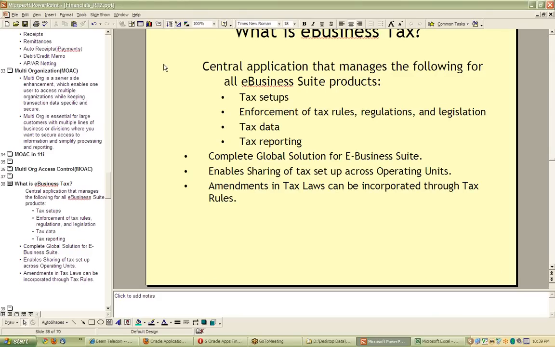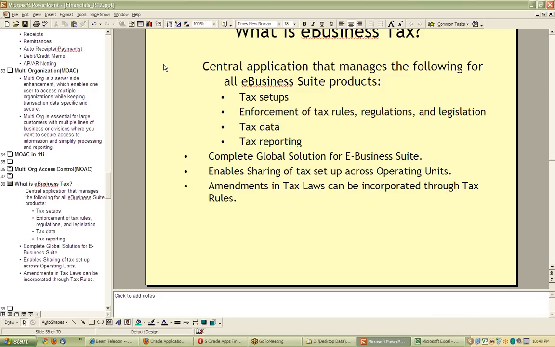E-Business Tax. Now, what is E-Business Tax? It is again an exclusive release 12 initiative. This is a central application that manages the tax data.